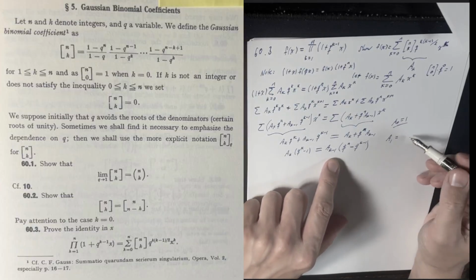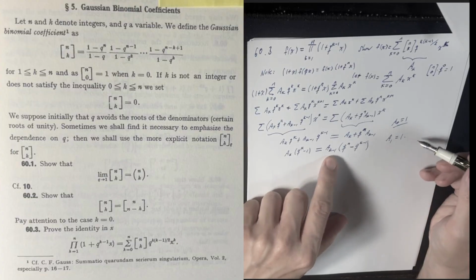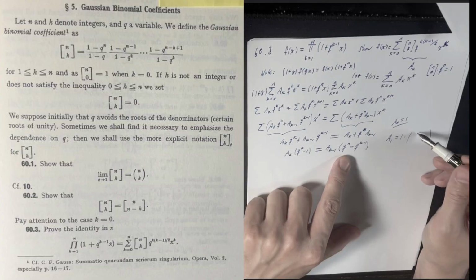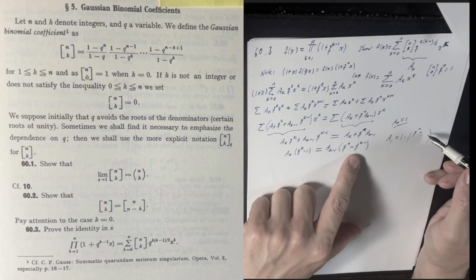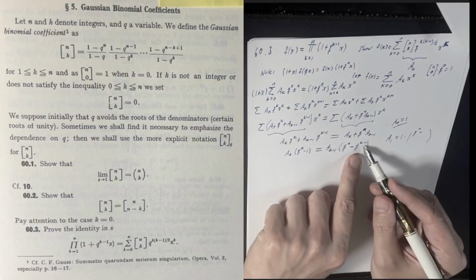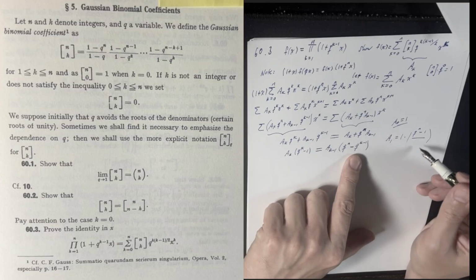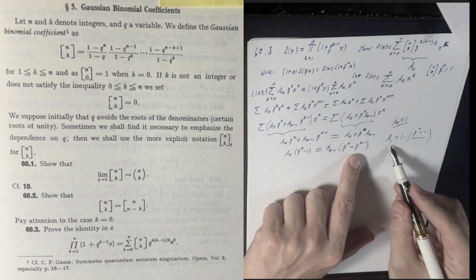So we're going to get 1 times, and then the formula is this q to the n minus 1, apparently. We're doing the k equals 1 case now. So here you get q to the 0. I'll just put a 1 there, because k equals 1 in this case.